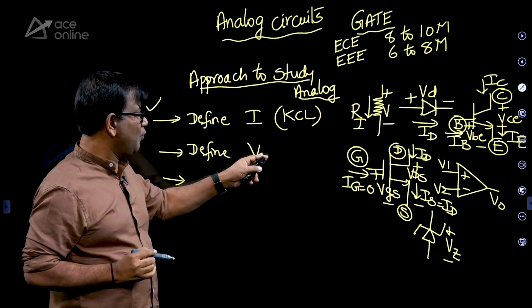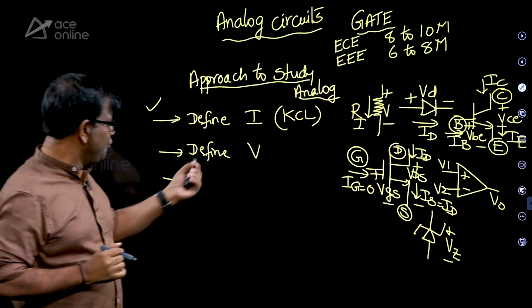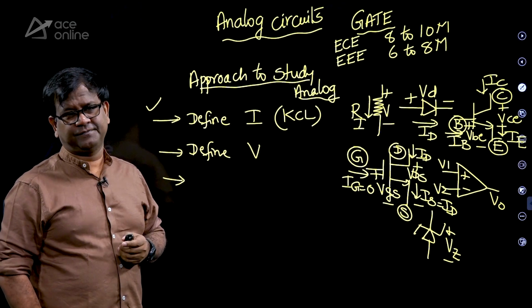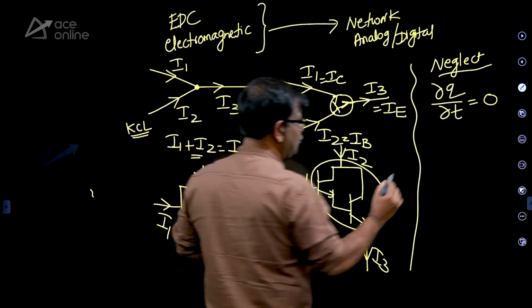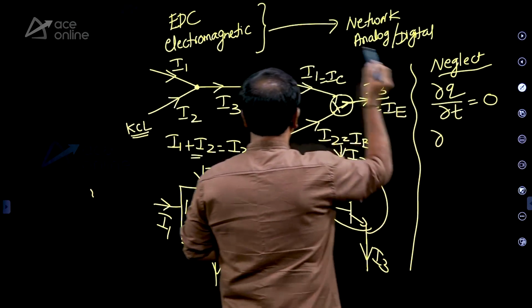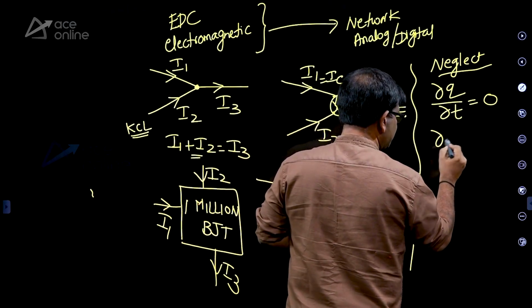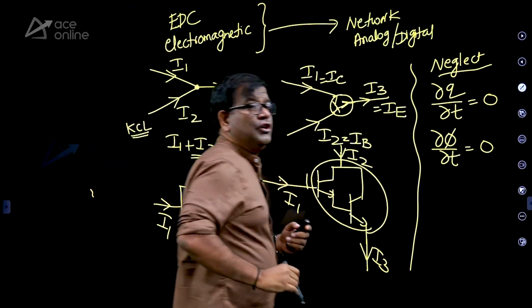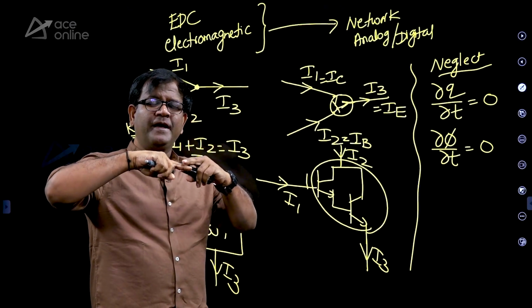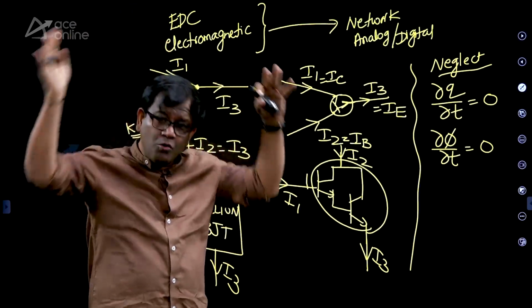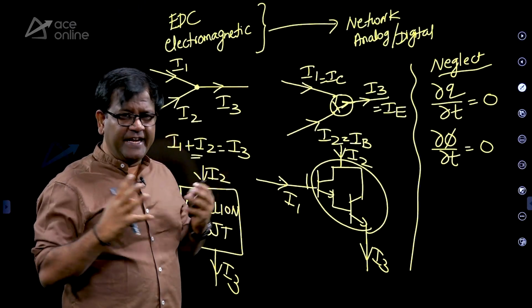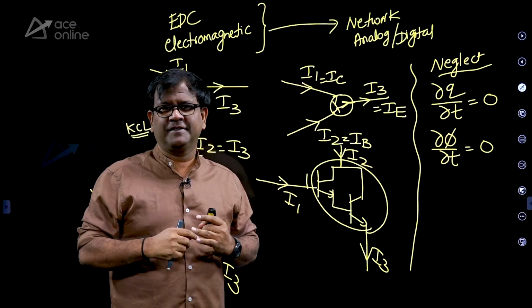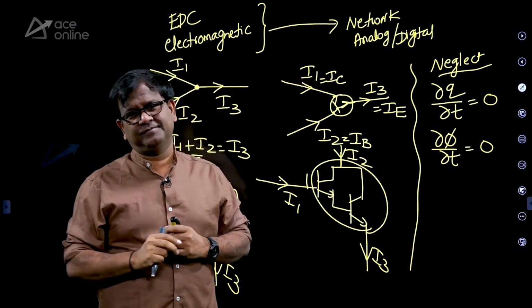So that is the beauty of this term called the current. The next term is the voltage. Now, how do you define a voltage at every port? To define a voltage, when you jump from electromagnetics to analog, you're actually doing d phi by dt 0. So what is d phi by dt 0? You don't want to know the interaction outside the device. See, in EDC, you're breaking your head to know the effect inside and the effect outside. Now, analog says that I don't care.